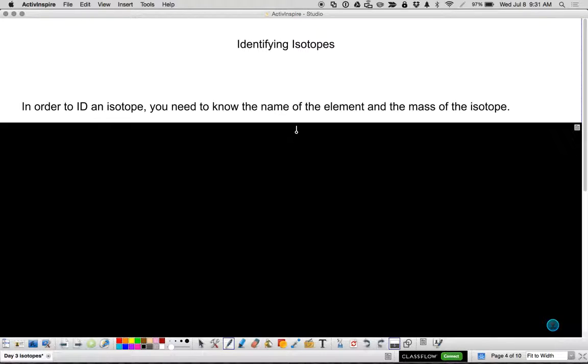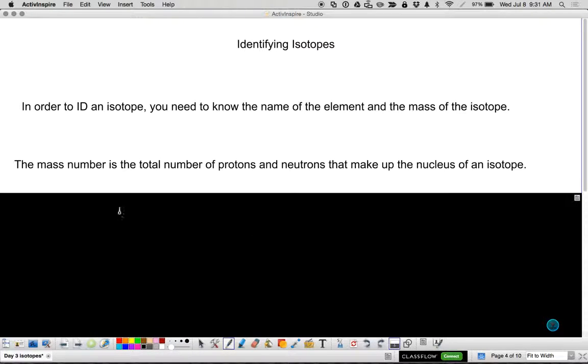If you have a sample, you can get the mass of the isotope, and you can know the element, and you can use that to identify isotopes. So we use this thing called mass number. Mass number is the total number of protons and neutrons that make up the nucleus of an isotope. So protons plus neutrons equals mass number.